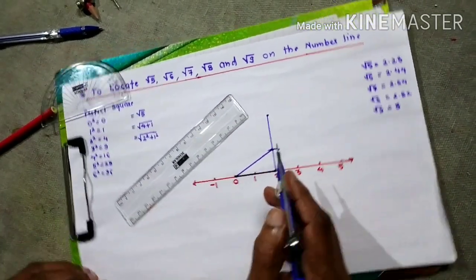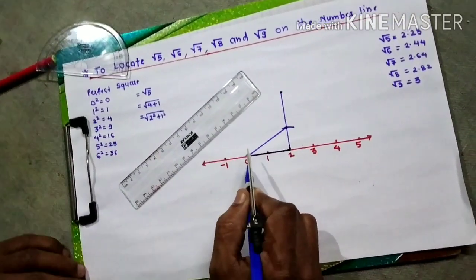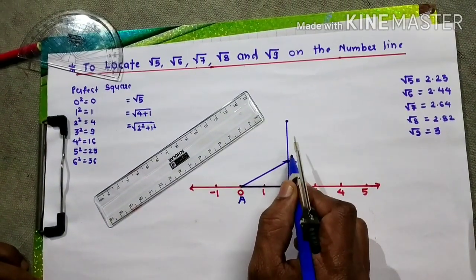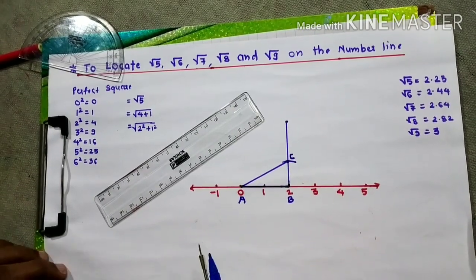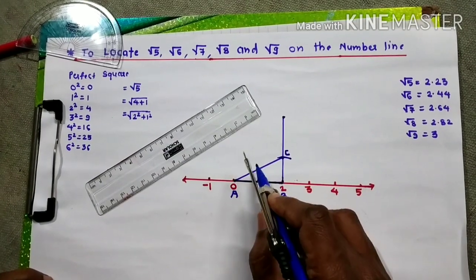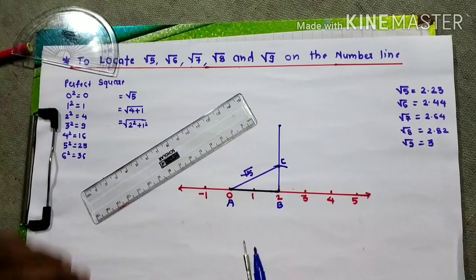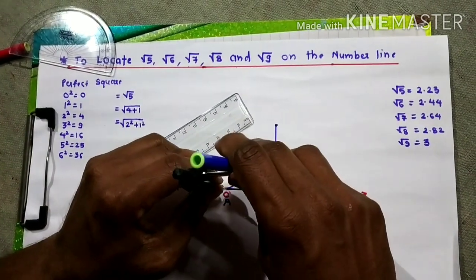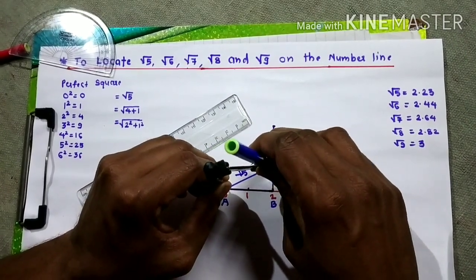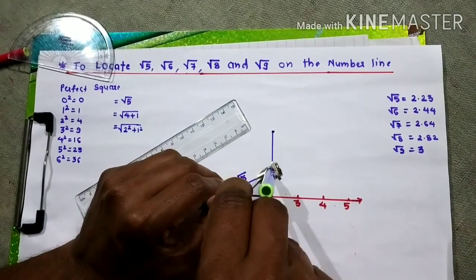Then next you have to give names for the vertices of the right angle triangle. So this is A, this is B and this one is C. Now the value of side AC is root 5. So take this distance AC and draw one arc here.